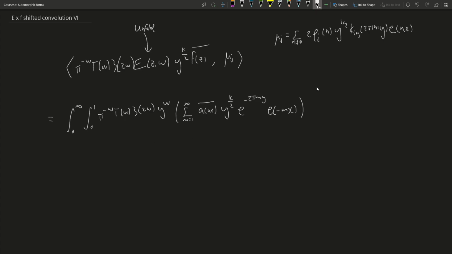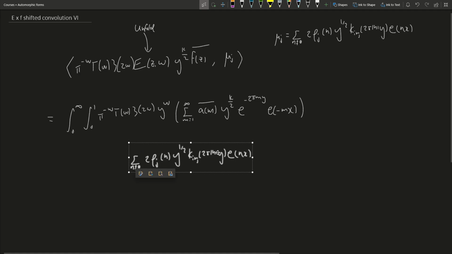And then we have our mu j, so I'm going to just take this Fourier expansion that we've assumed, and here, because we are taking this complex conjugate, I have to stick a complex conjugate here. Conjugating this does nothing, conjugating this does nothing.